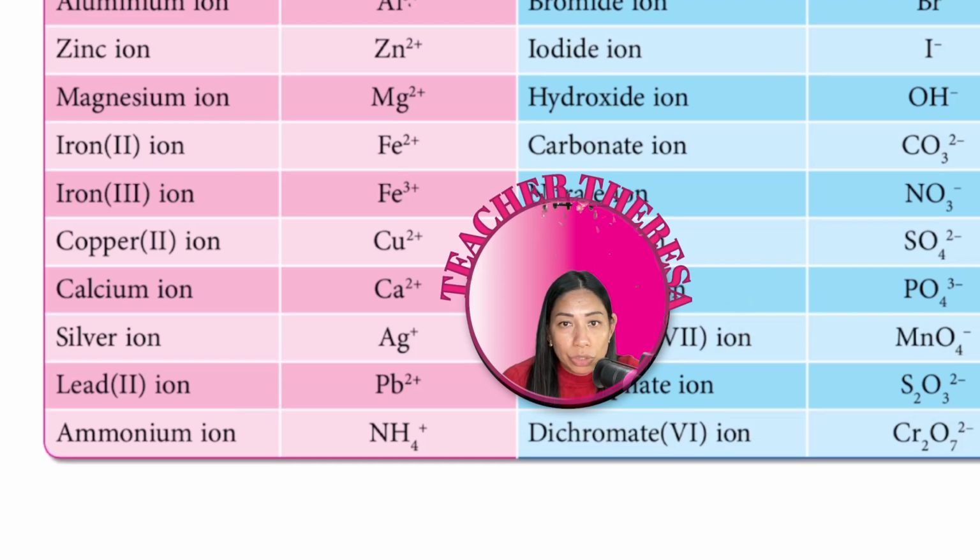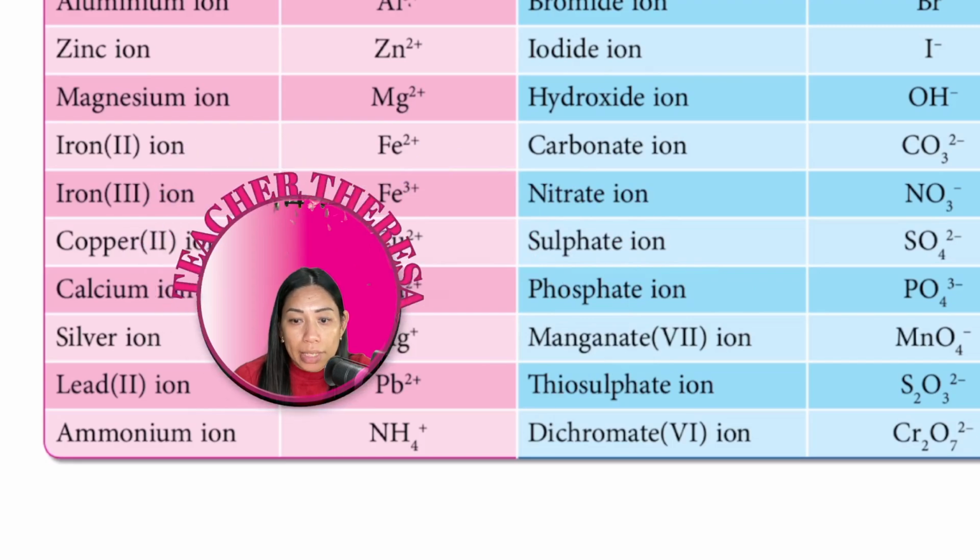So iron 2 means Fe 2 plus. Why is there 2 and 3? Because these are called transition elements. Transition elements have more than one charge. So you just follow the Roman number, so Roman 2 is 2 plus. Lead, copper, and iron, all these ions have Roman numerals.